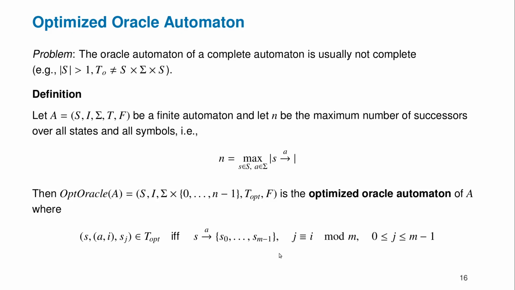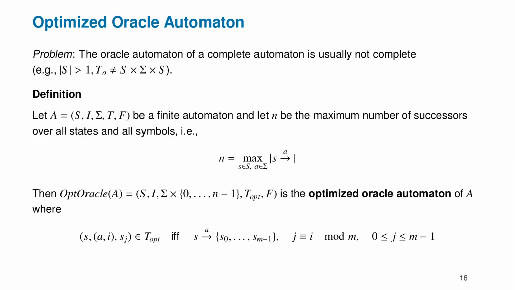And the only problem is that n could be larger than the m, and for this we have to wrap around, and for this purpose we use the modulo. And if we have fewer A successors, then maybe some transitions are labeled with additional symbols.